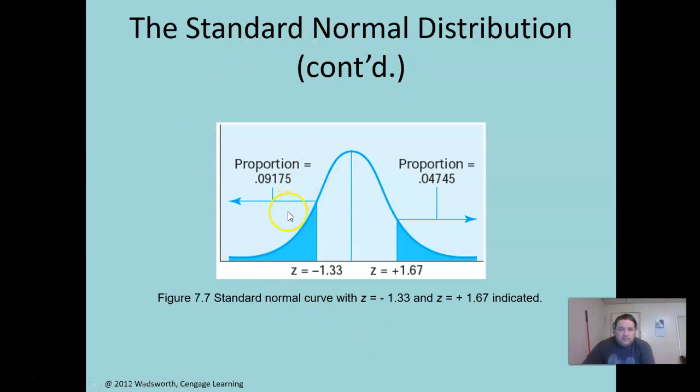So the standard normal curve for something happening greater than -1.33 for a standard score and 1.67 for a standard score is going to be 0.04745 plus 0.09175. Okay.